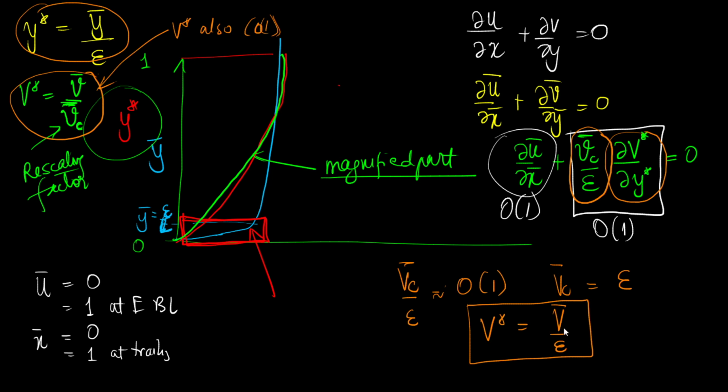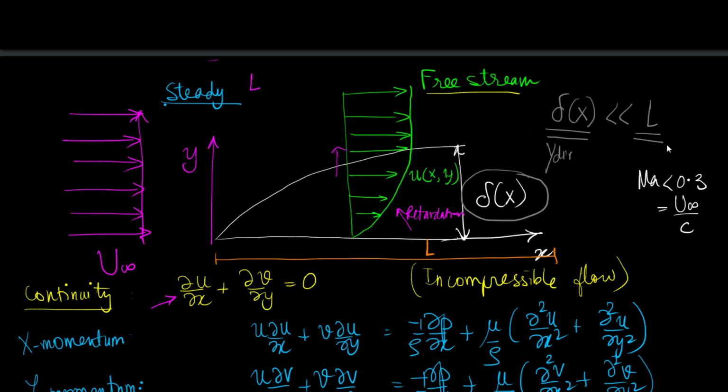Okay, so it means that whatever small velocity v bar would be, in order for us to resolve the physics inside the boundary layer, we have to magnify that velocity with this parameter. We have to magnify the very small y velocity. The logic being, if there is a retardation in the u direction in a very small layer, there will be a small y velocity which will be coming out.